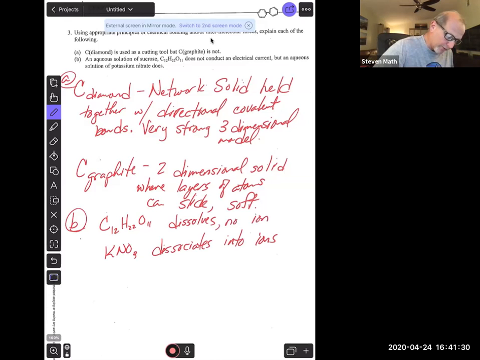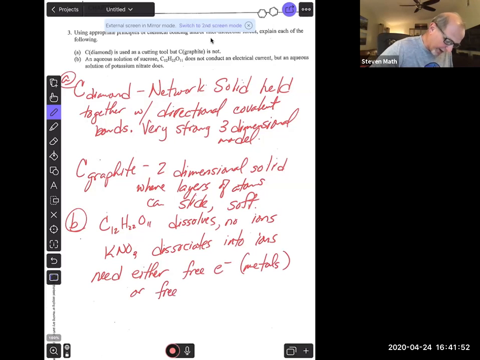No ions need either. There are two ways to get a conduction, and we've heard this over and over again. You either get a conduction from free electrons, such as in metals, or free ions like KNO3. That would be a nice answer.